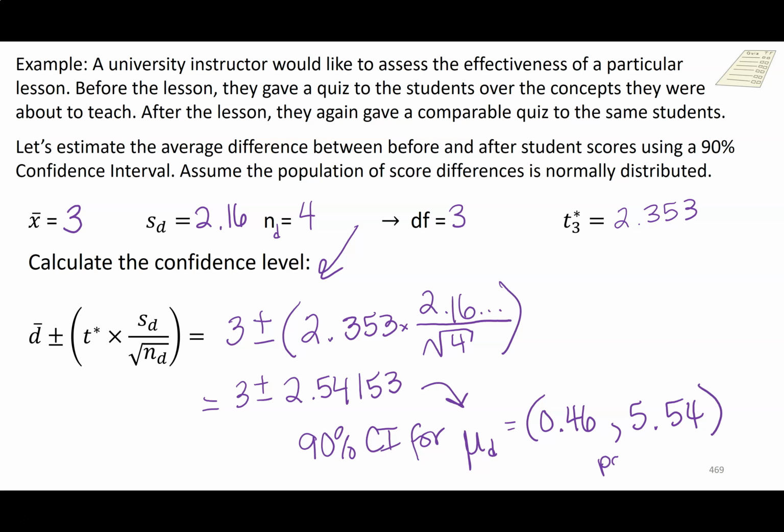And if you want to put units, I might put points, but it's really not necessary to use units in this particular instance. So things to note, both of these values are positive, and we did after minus before. So if after minus before gives me a positive number, that implies that they scored higher afterwards on average than before.